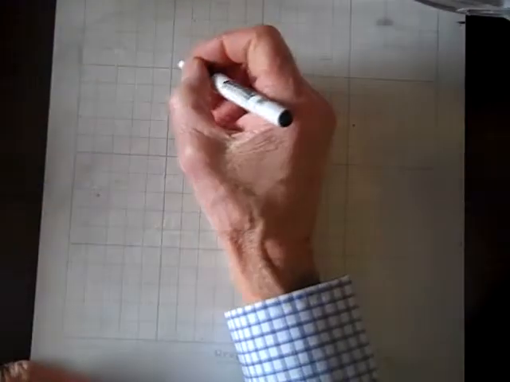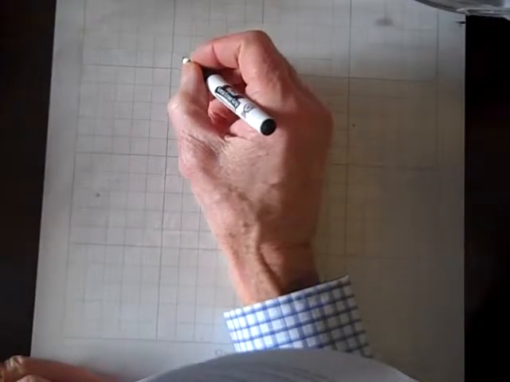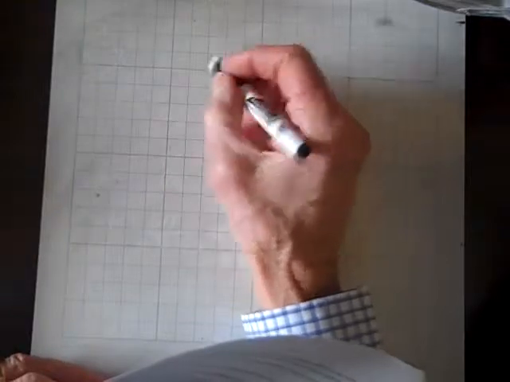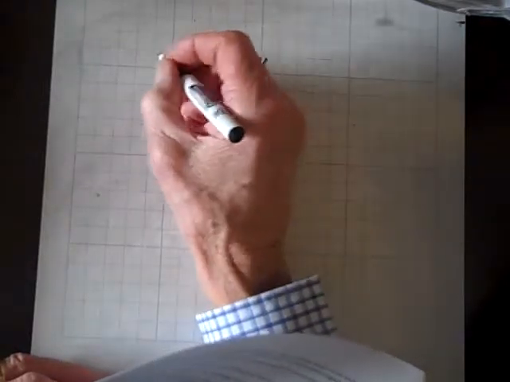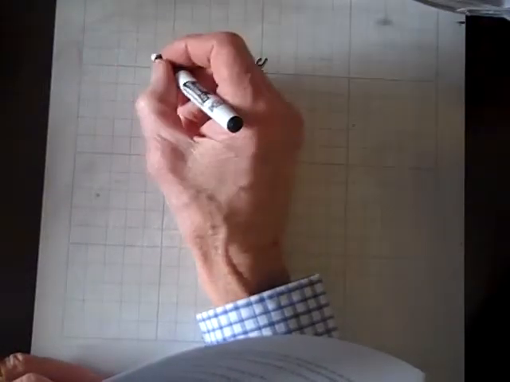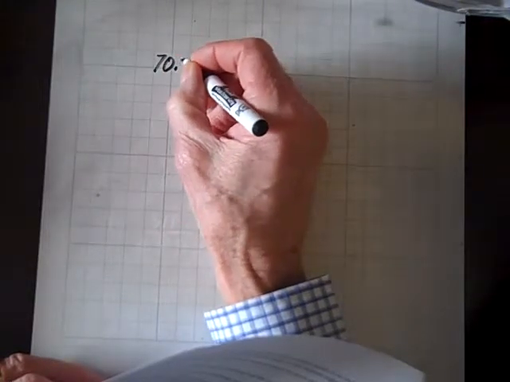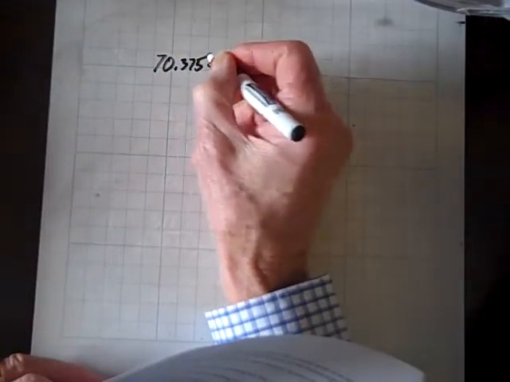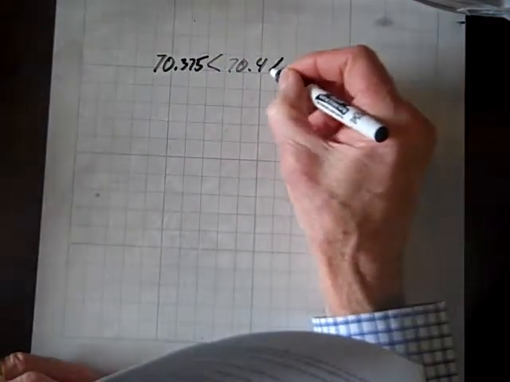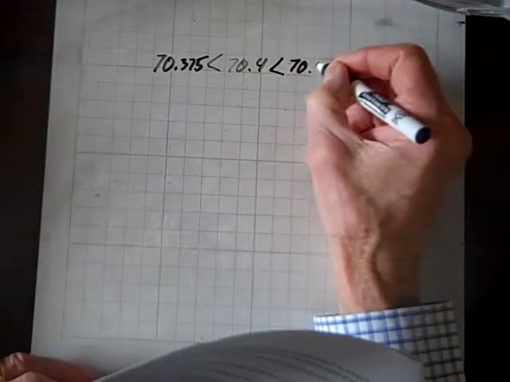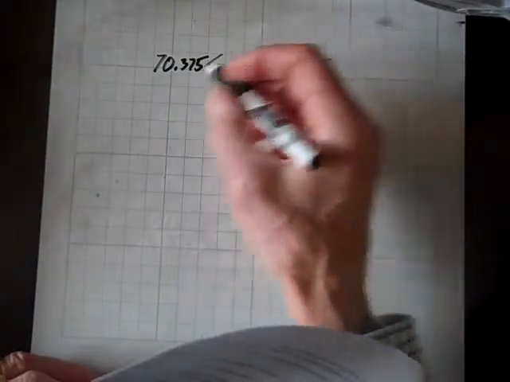So here's the height. The true value is 70.4 inches. One tape measure gives you a measurement of 70 3/8. That's 70.375. And another measurement is at 70.5, and these are all in inches.